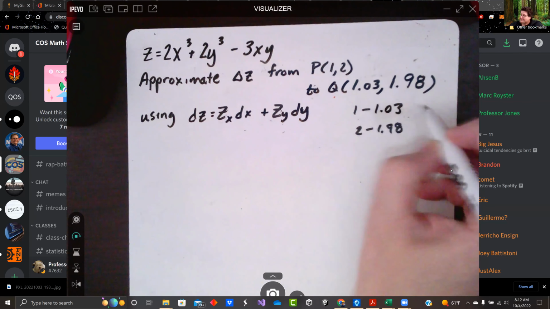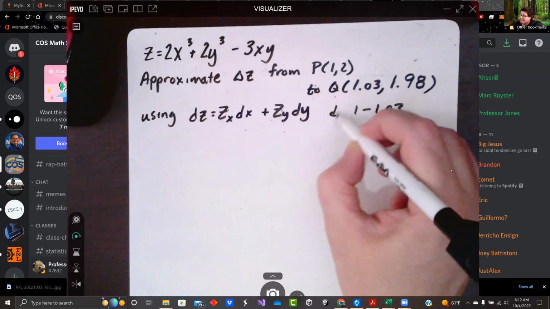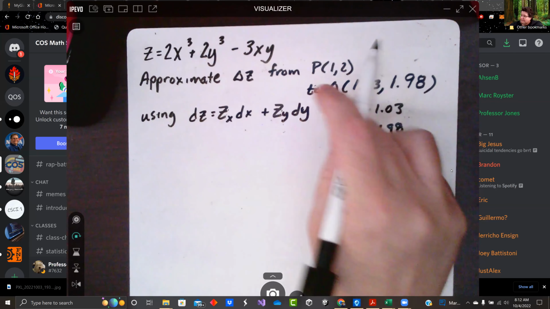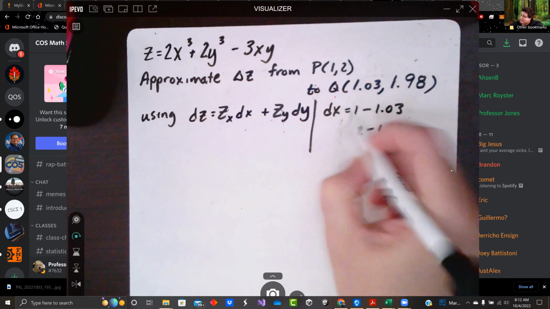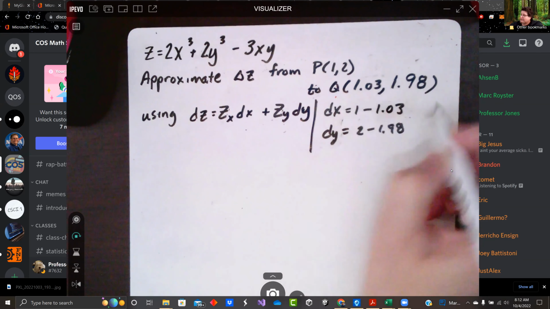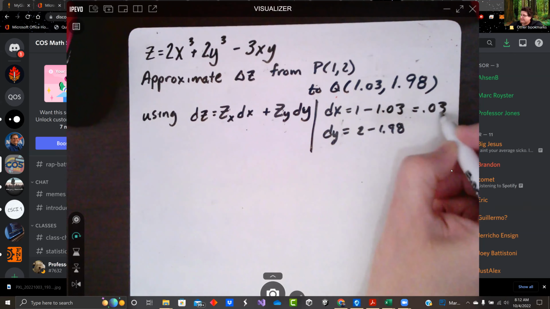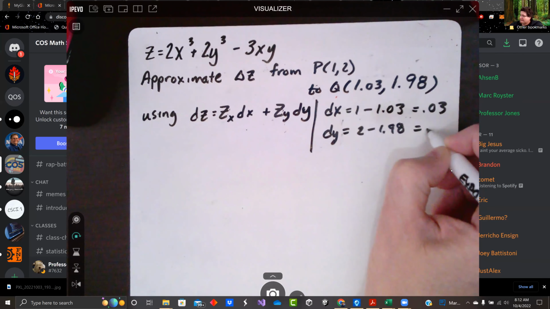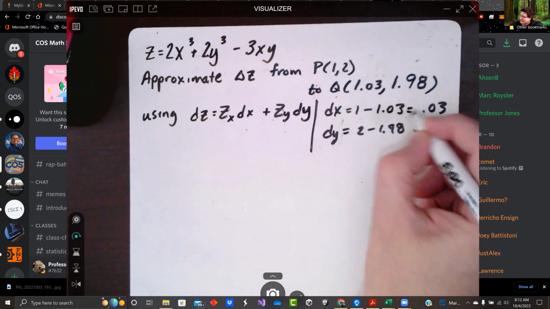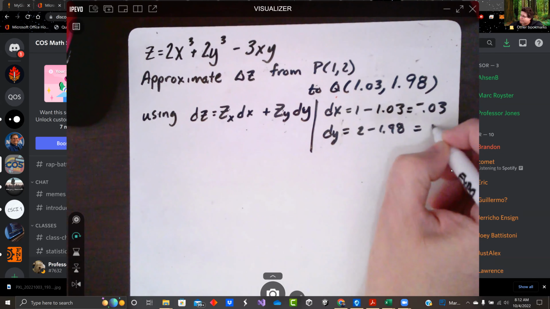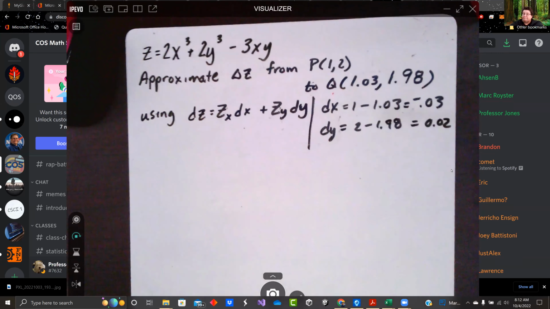So this would be our dx, and we could use this for dy. So we'd have negative 0.03 for dx, and 0.02 for dy.